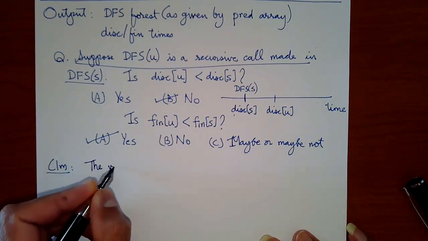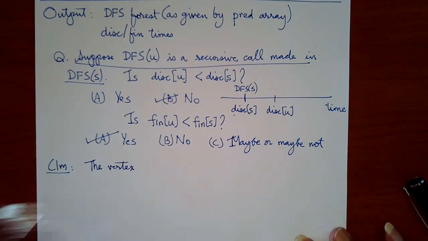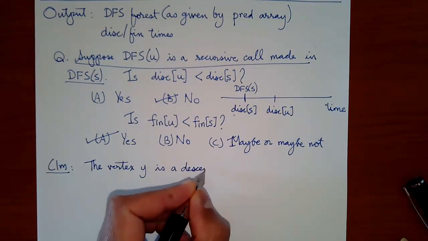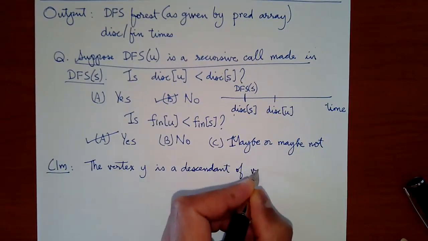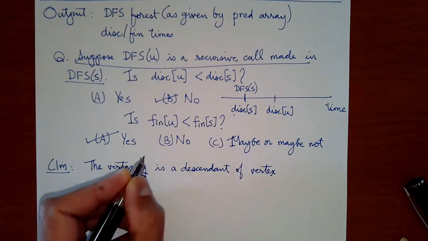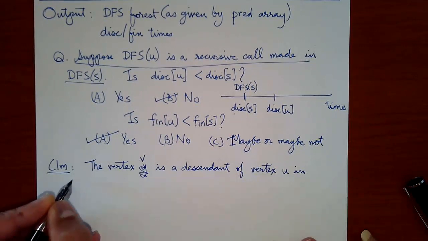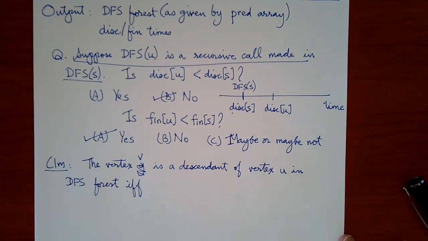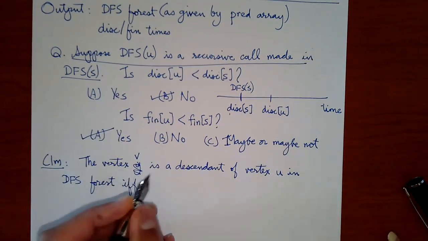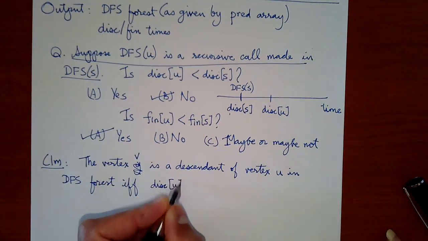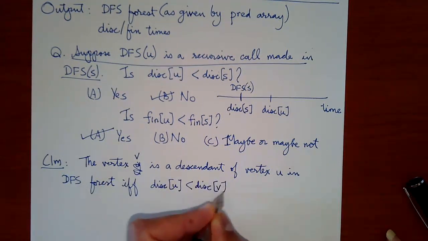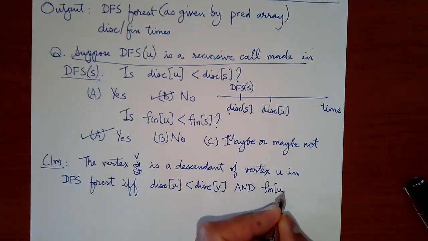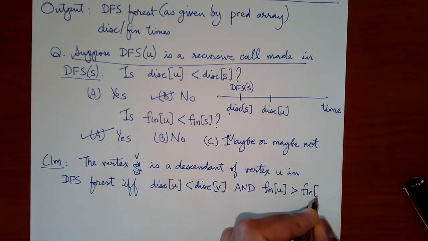The vertex V is a descendant of vertex U in the DFS forest if and only if the discovery of U is less than the discovery of V, and the finish time of U is greater than the finish time of V.